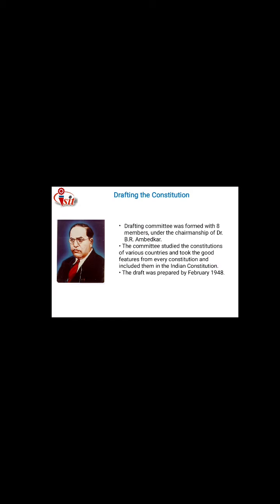The committee studied the constitutions of various countries and took the good features from every constitution and included them in the Indian constitution, and the draft was prepared by February 1948.